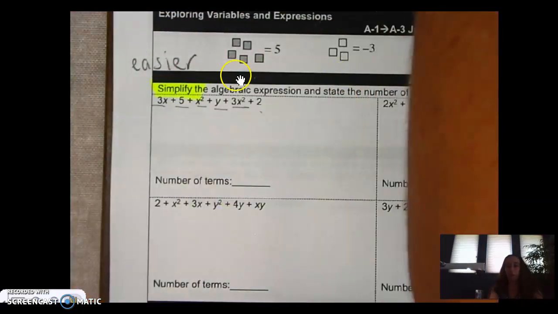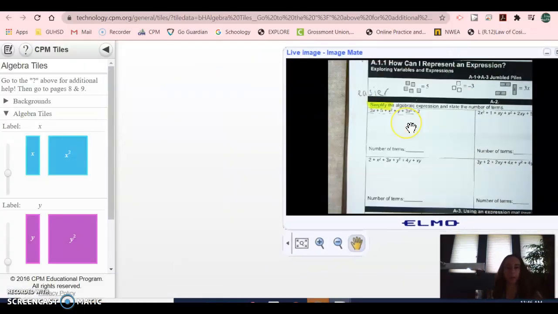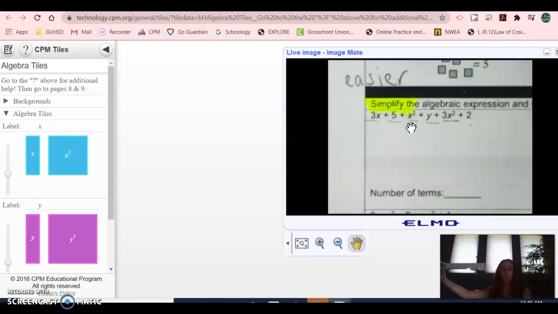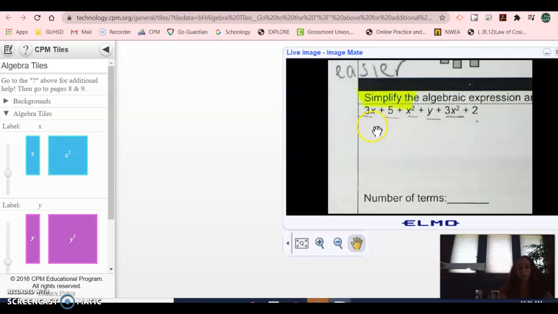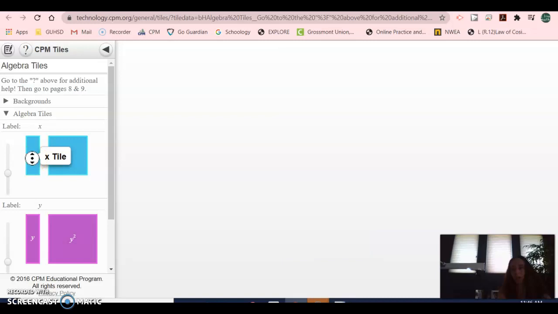So what I'm going to do is come over here. I'm going to move this over here so we can kind of see it a little bit better. Let me zoom that in a little bit so that we're good to go. All right, we're going to take this and put it here. So I see I have 3x. So I come over here, here's the x. So I'm going to go 1, 2, 3.